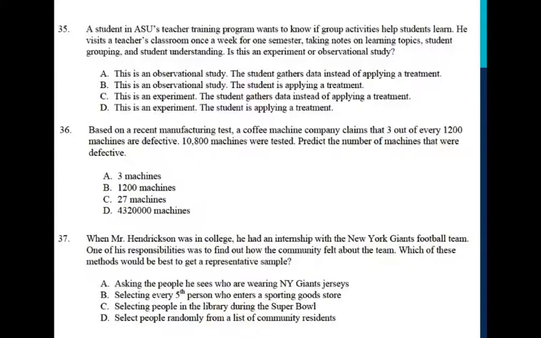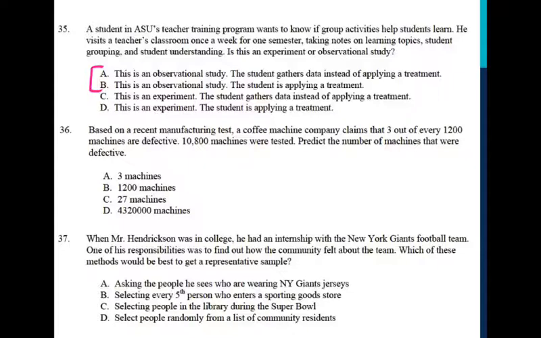35, a student in ASU's teacher mentoring program wants to know if group activities help students learn. He visits a teacher's classroom once a week for 1 semester, taking notes on learning topics, student grouping, and student understanding. Is this an experiment or an observational study? This one is an observational study, so you're picking between A and B. It's an observational study because they're observing.